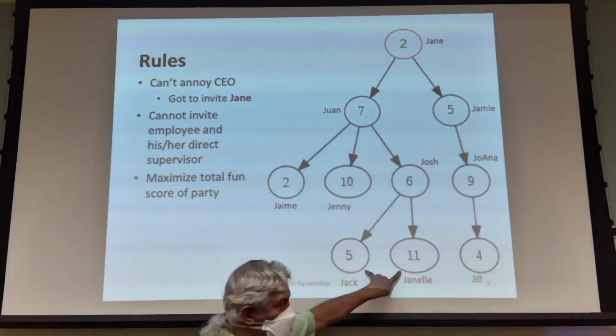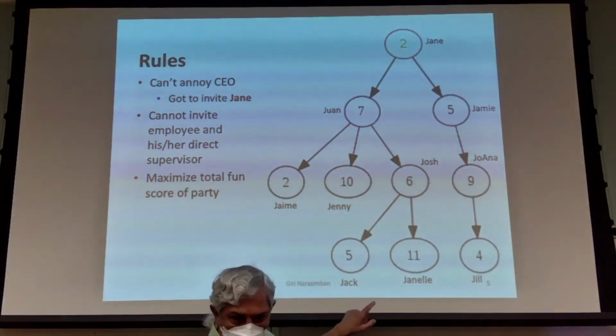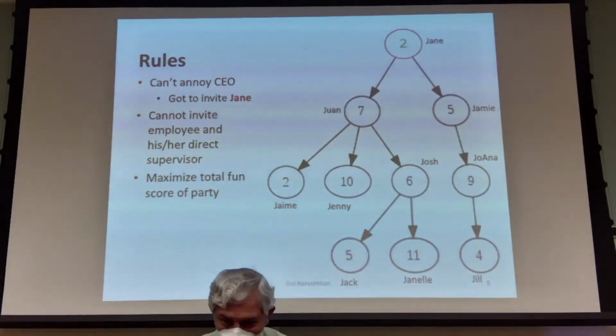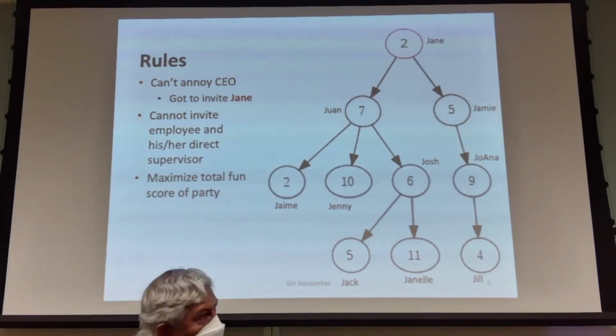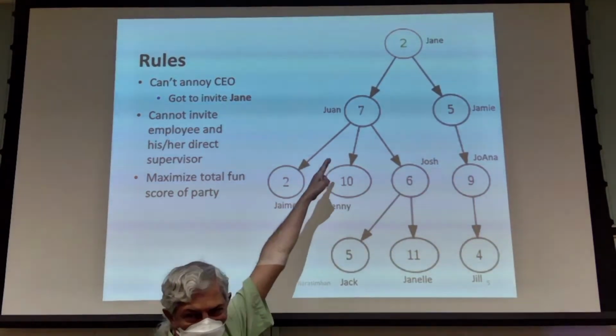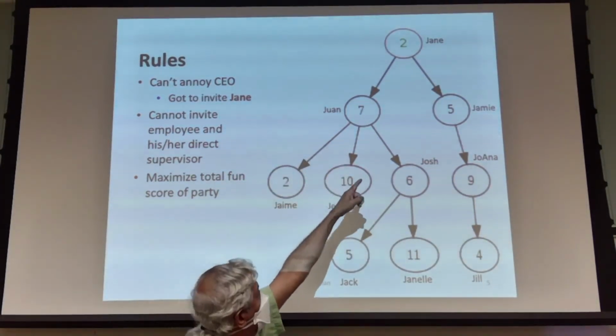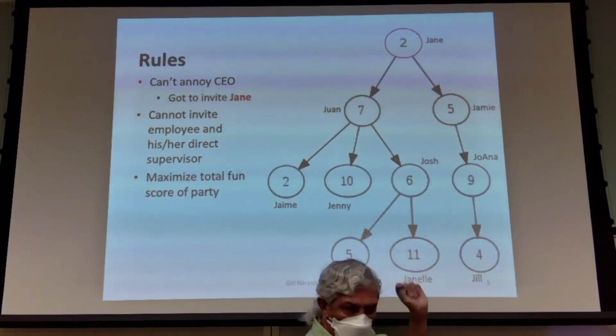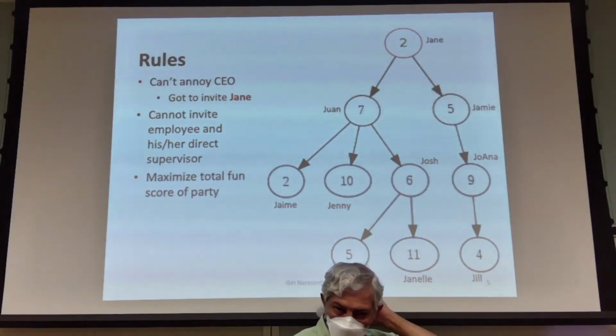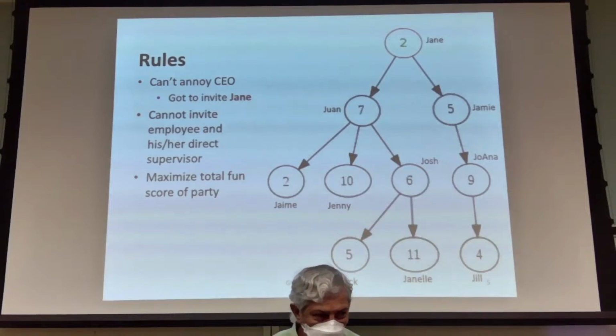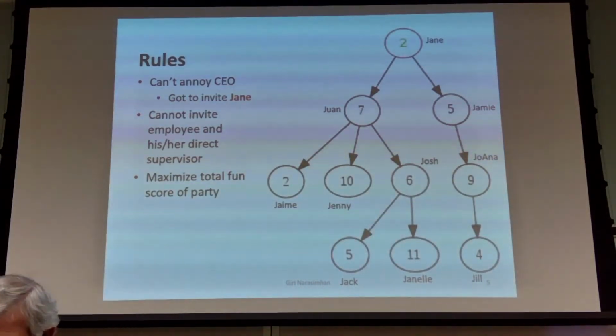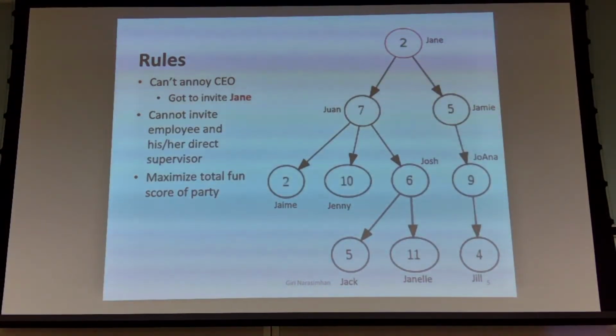So you decided to go with Janelle and Jack and asked Josh to take a walk. But Juan also is not invited because Jane is. So that means both these people are not invited. This is something that's complicating things, because now we have a boss and a supervisor and an employee both not invited. Right?